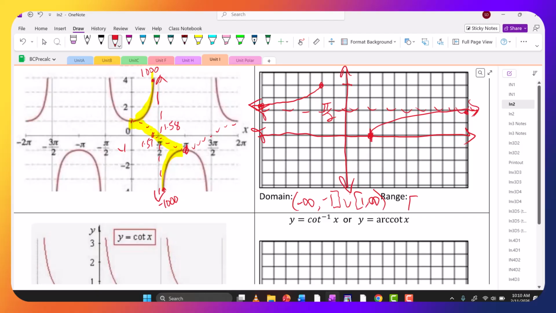So it is from 0 to pi over 2, not including pi over 2, all the way up to pi, including pi. Okay? And then if you're thinking about yesterday, you should be saying to yourself, okay, cosecant has the same restrictions as sine, so we're good. And secant has the same restrictions as cosine, except for the asymptote, right? We got some asymptote issues, right? And that's a good thing.